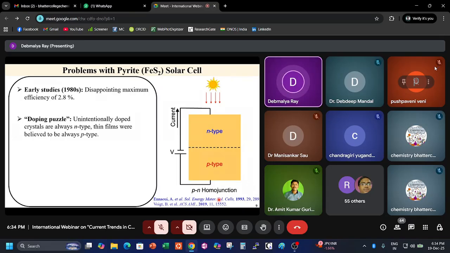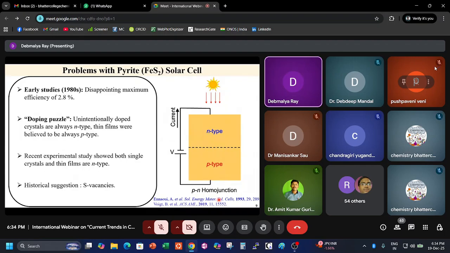One of the sources of confusion was that the crystal structures of pyrite were always N-type, but the thin films of pyrite were sometimes N-type, sometimes kind of P-type, and there was a lot of confusion with the thin films. So our experimental collaborators at the University of Minnesota carefully synthesized both single crystals and thin films and found they are N-type in material.